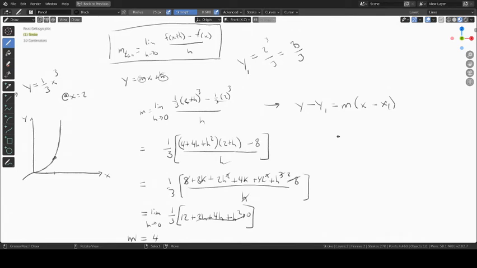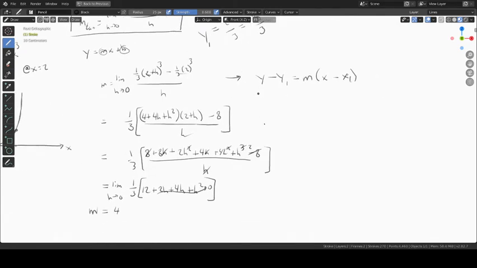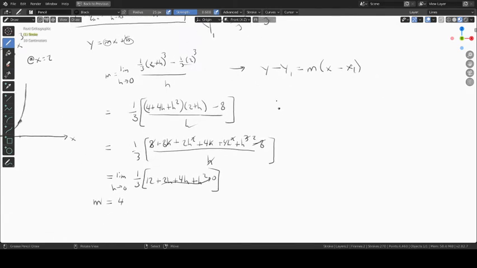Now using this form we can actually find the equation of our tangent line. So we have a point which is 2 and 8 thirds and our slope which is 4. So we have y minus 8 thirds is equal to 4 times x minus 2.